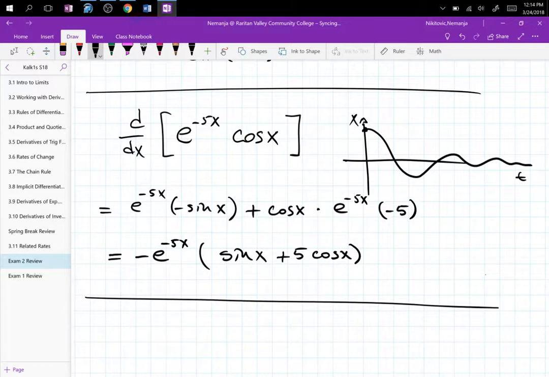Starts at the origin, goes up, passes the line, goes down, comes back to the line. Now, what's the cosine? You start motion here. That's the cosine. It's still the same motion. It's still going to stop and everything. How fast it stops is governed by this. Because it's negative, it stops.